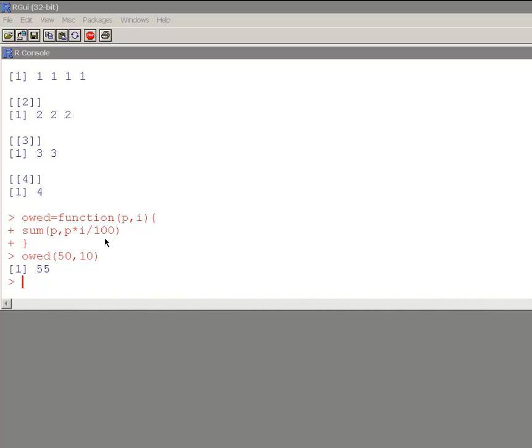It didn't really make sense before. Okay, so I do 50 and 10, so 10% is the interest rate and $50 is borrowed, so at the end of the year I have to pay $55, right? It's $50 plus $50 times 10 over 100. $50 times 1/10 is 5, so that's 50 plus $5, $55.